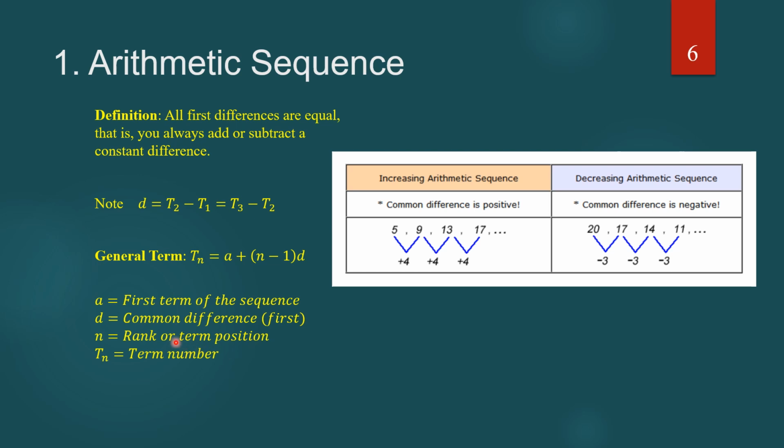And then the rank or the position: if we look at term number 13, it would have a rank of 3, because it's the third term in the sequence. So that is basically our arithmetic sequence, and it's all you need to know about the arithmetic sequence.